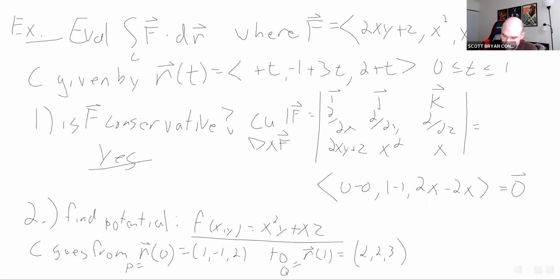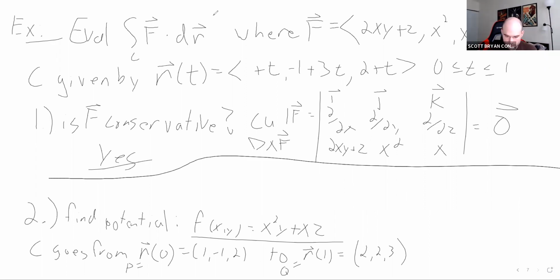So our integral is just the potential f at Q, the endpoint (2, 2, 3), minus the potential at the starting point (1, -1, 2).